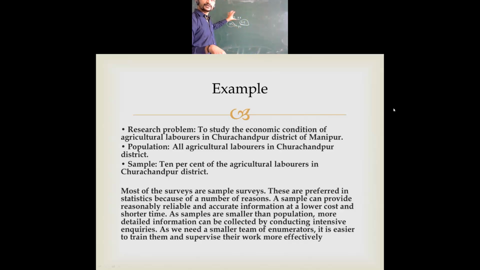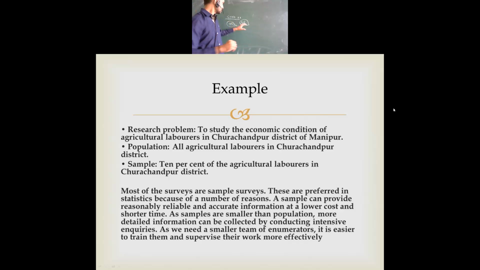This figure is actually big, and we can't collect the information in a short period of time. It requires more time. So we select four to five members of the group and form an investigators group, and collect the information from the sample we have taken.